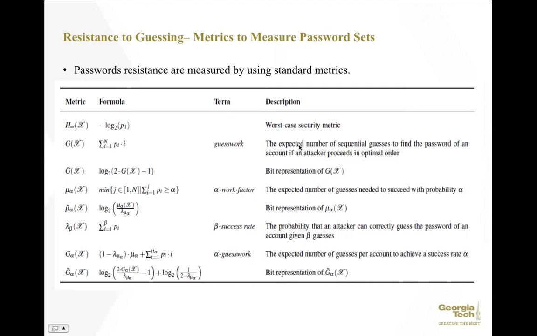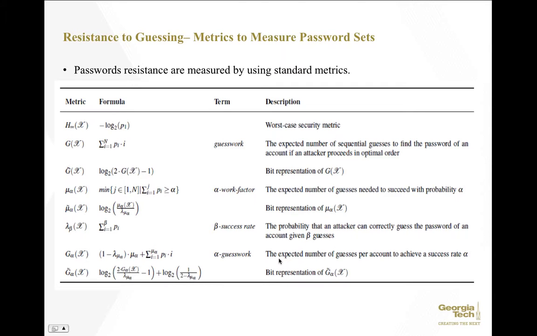They are like the expected number of sequential guesses to find the password of an account if the attacker proceeds in optimal order, the expected number of guesses needed to succeed with a probability alpha, and also the probability that an attacker can correctly guess the password of an account given beta guesses.